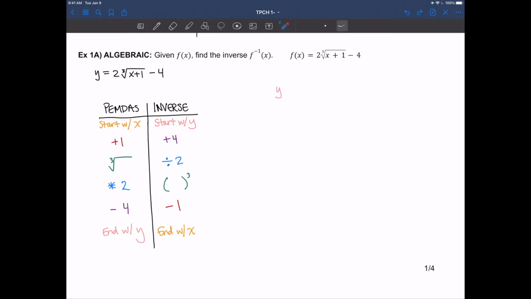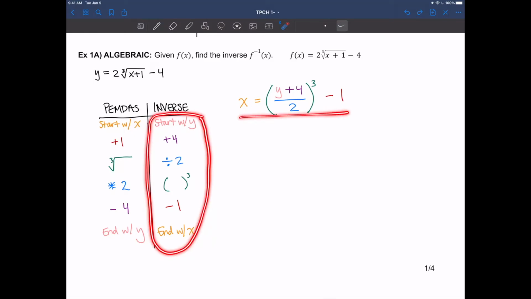Then I'm going to add 4 to that. Then I'm going to divide all of that by 2. And then I'm going to cube all of that. And then I'm going to subtract 1. And I'm going to end with x. Okay, so I just followed the steps here to write my inverse.